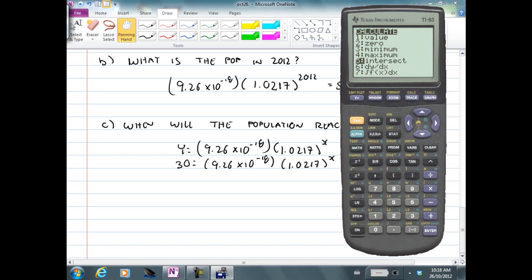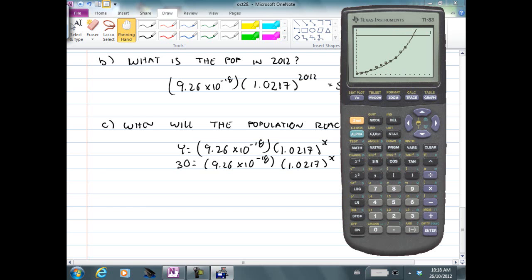Intersect means it's going to find the coordinate for you. Hit enter. It's going to say first curve, which means on any line you like. So it's on the curve right here, my first curve. Hit enter. Now it's going to say second curve, and it'll ask, is this the line that you want to intersect? Hit enter.